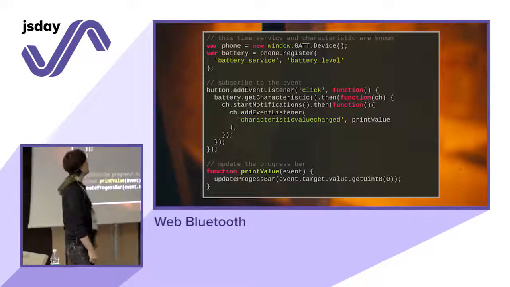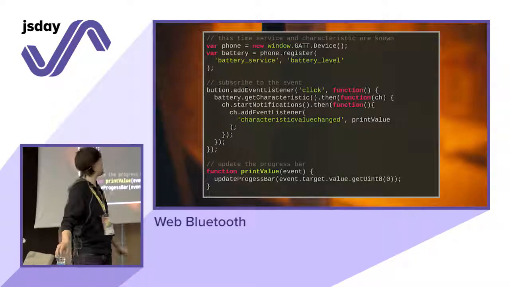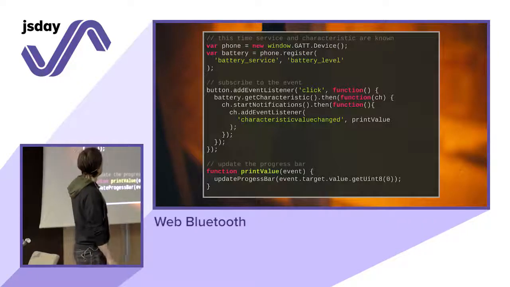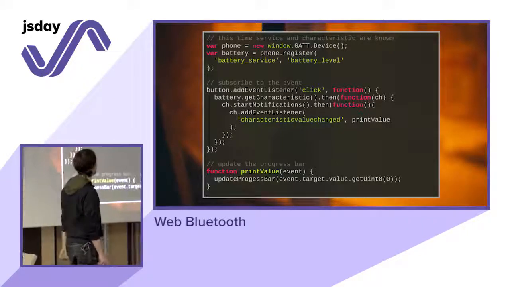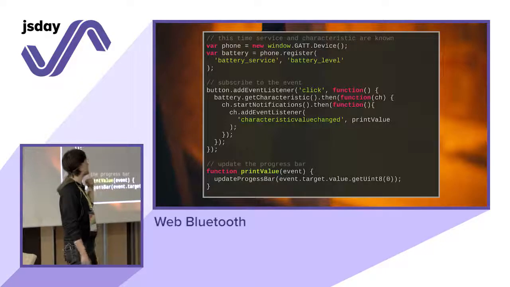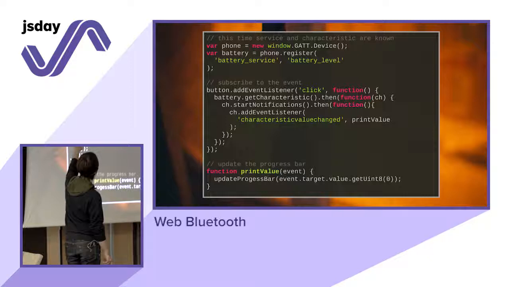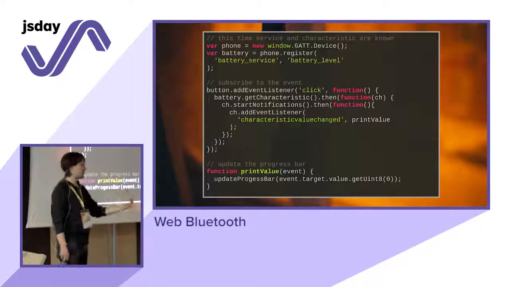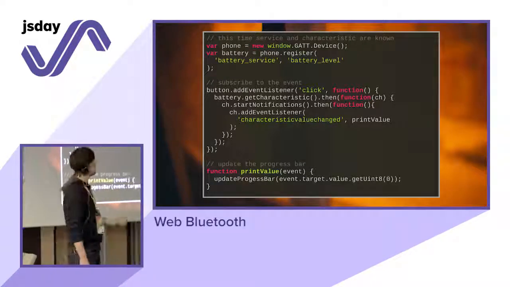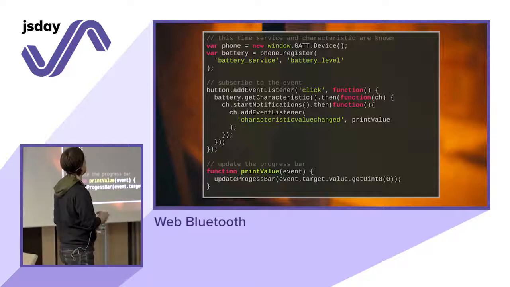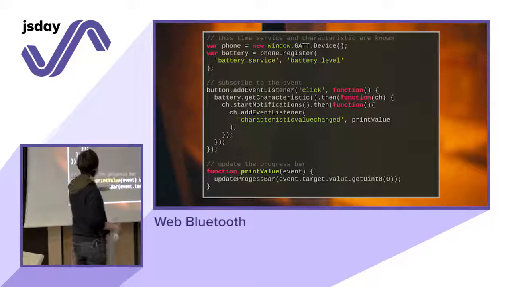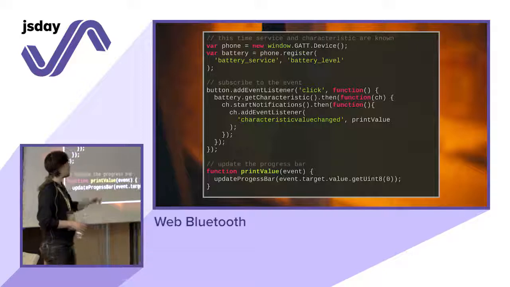When the user clicks the button, we extract the characteristic from our library. So we get back the characteristic, and then we implement the code you saw before. We ask the characteristic to notify us every time a new value is available, and then we add the event listener. What the event listener does is simply update the progress bar based on the new value.